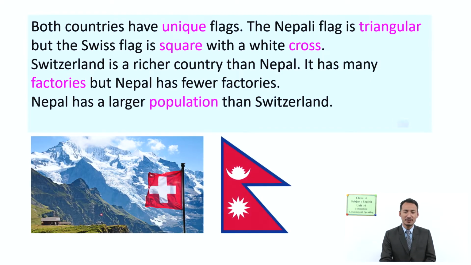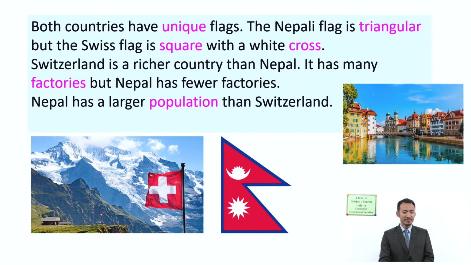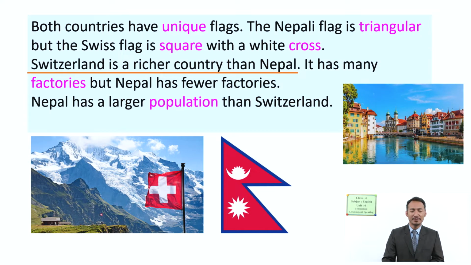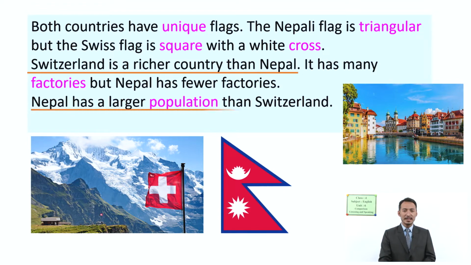Again, we have some more text from the same chapter. So let me show you some lines here again. Switzerland is a richer country than Nepal. So they are rich. They are richer than us. So that's again another comparison here. And Nepal has a larger population than Switzerland.